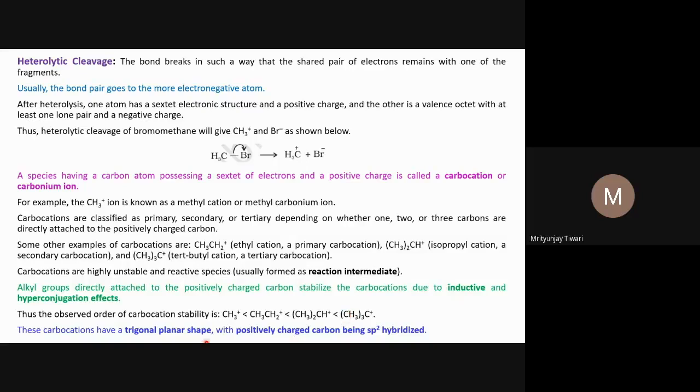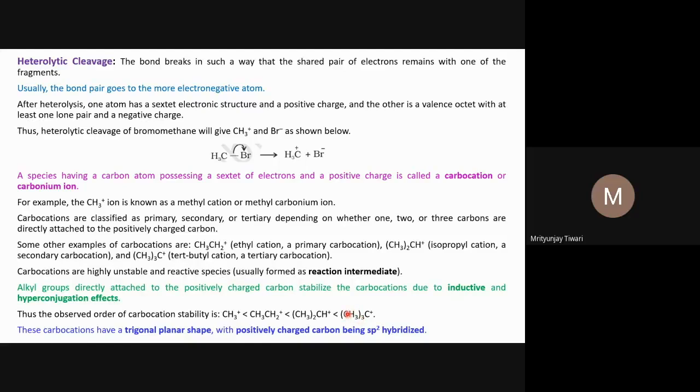So this is how we obtain the trend in the stability of these carbocations. This tertiary carbocation is most stable, then secondary carbocation, then primary carbocation, then methyl carbocation. Why is this tertiary? Because this carbon atom, which has a positive charge, is associated with three different methyl groups or alkyl groups.